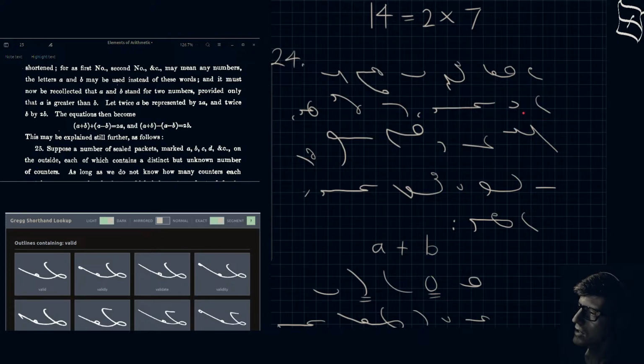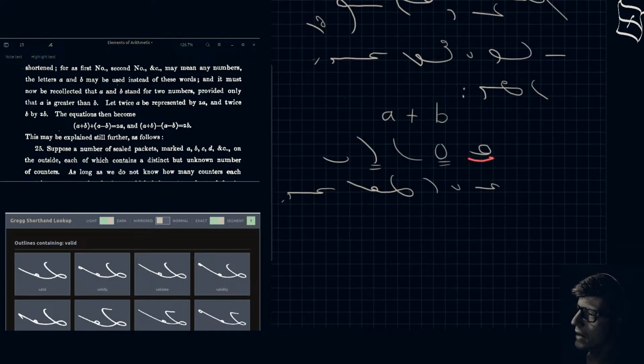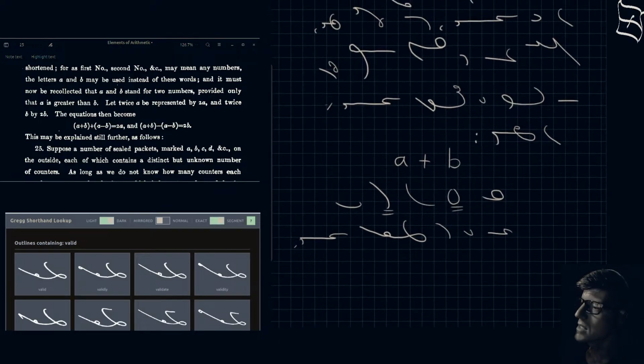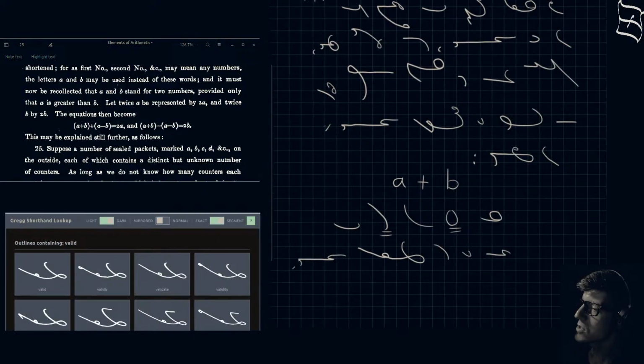Are universally true for all natural numbers, then certain signs drawn from the alphabet may be used in place of explicit numbers. For example, A plus B, where A and B are one of the valid numbers, okay? Since that's the case, we can use our symbols instead of explicit numbers.